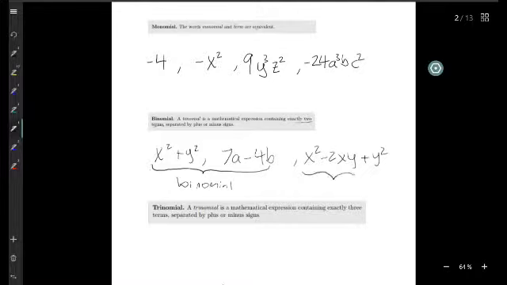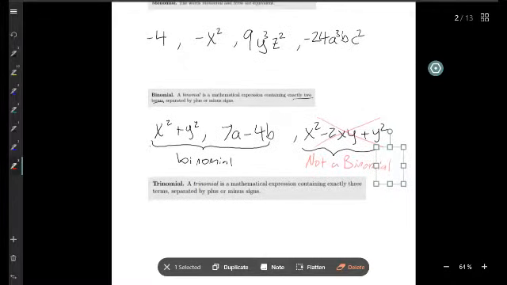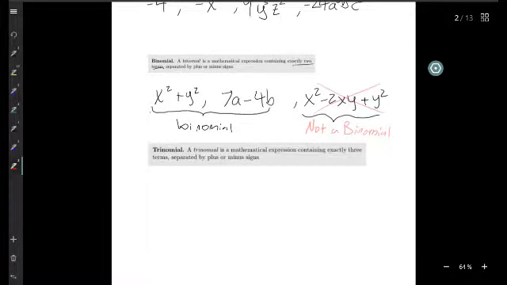This is not. Why? Because there's three terms.